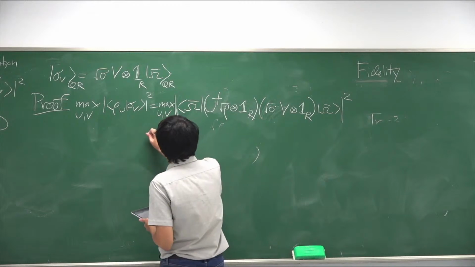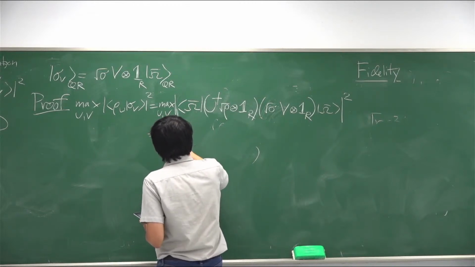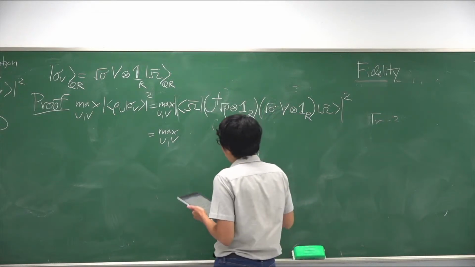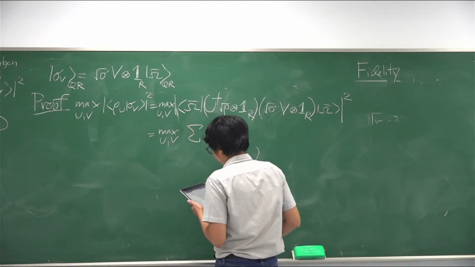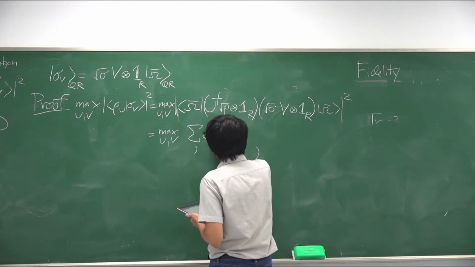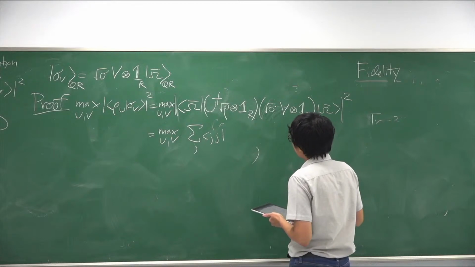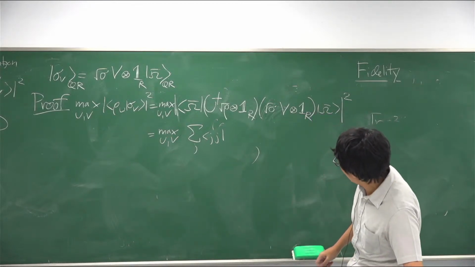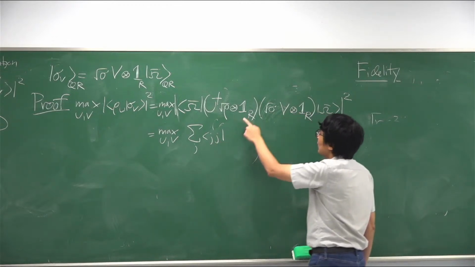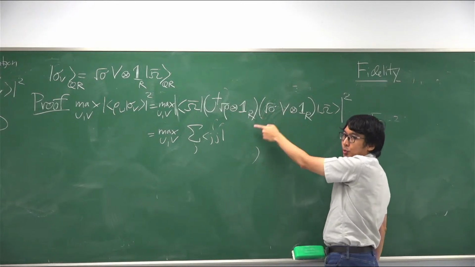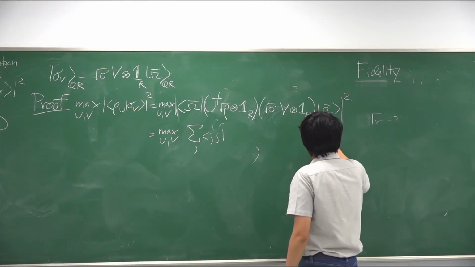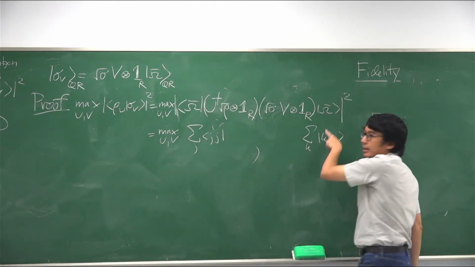I can write this unnormalized maximally entangled state in some basis. On the second system, the reference system, there is no operator acting on it, so you would just take the inner product between them. So I would have a sum of jj over here, and a sum over k, kk over here.